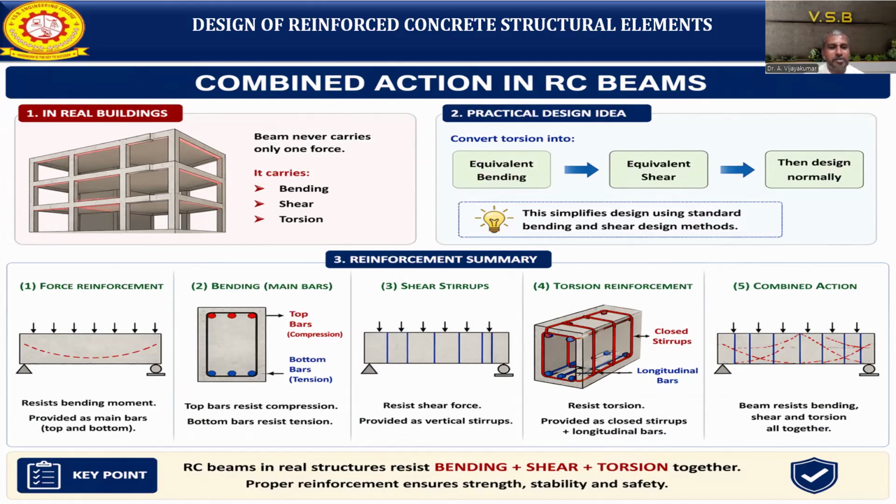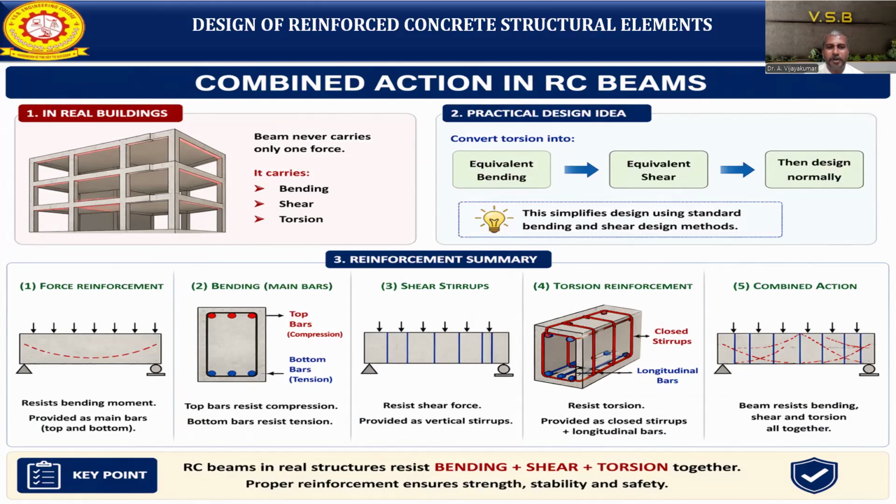Reinforcement resists the bending moment. When you take a simply supported beam with an applied UDL, it is going to resist the bending moments, so we provide main reinforcement bars, top and bottom. In the case of single reinforcement, we provide tension reinforcement at the bottom only, in the tension zone. With double reinforcement, we can provide bars above the neutral axis and below the neutral axis.